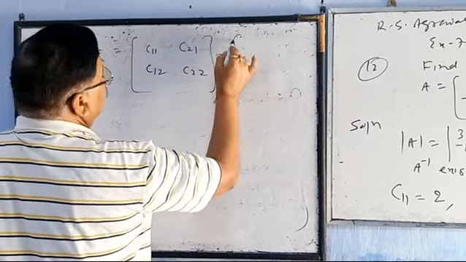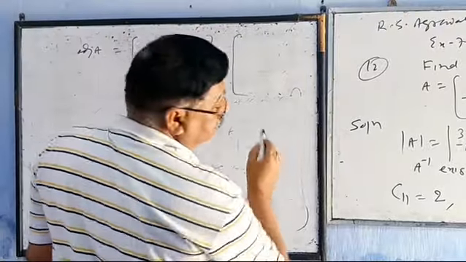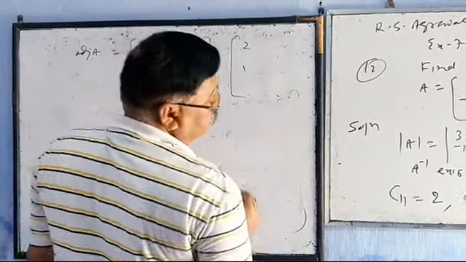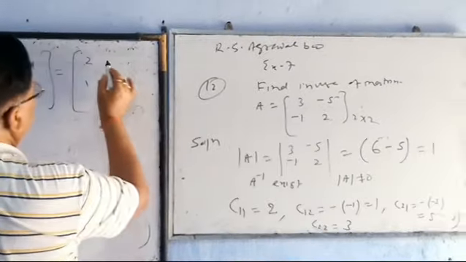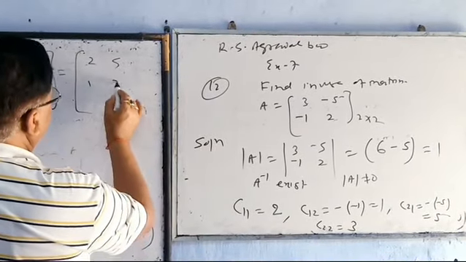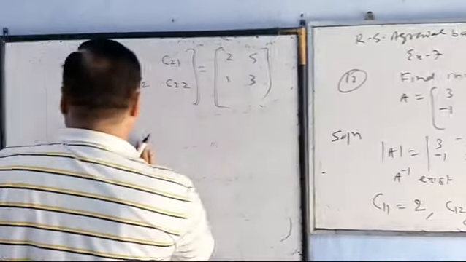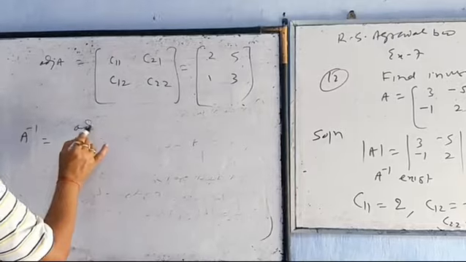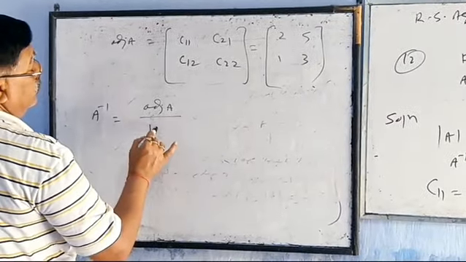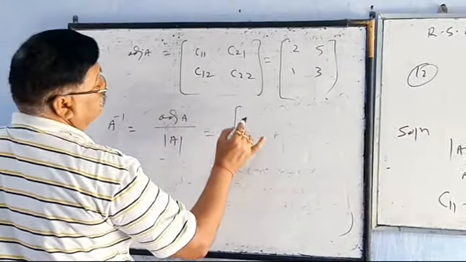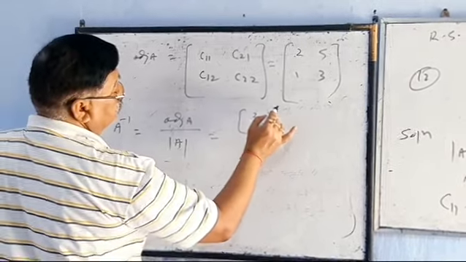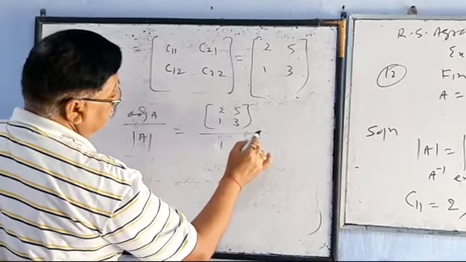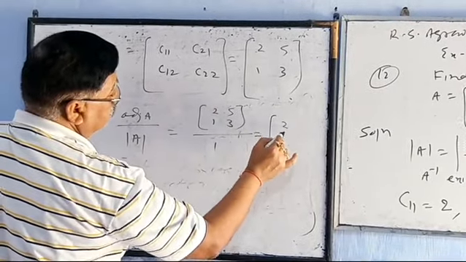Putting the values, C1 1 is 2, C1 2 is 1, C2 1 is 5, C2 2 is 3. This is the adjoint. So A inverse is equal to adjoint A by determinant A, adjoint 2 1 5 3. Determinant A is 1. So this is the inverse matrix.